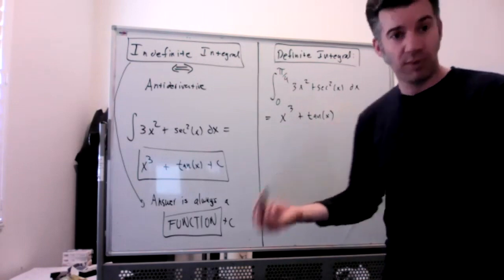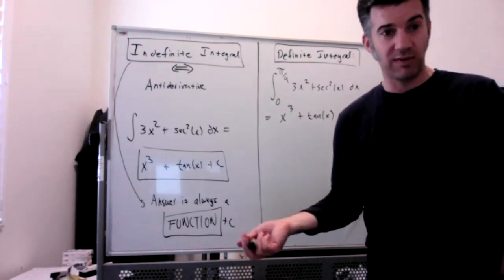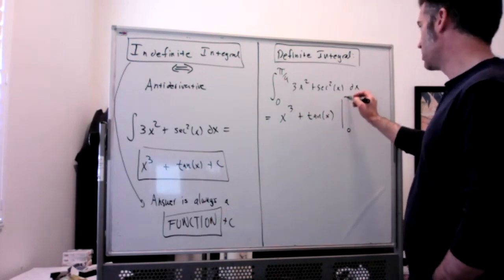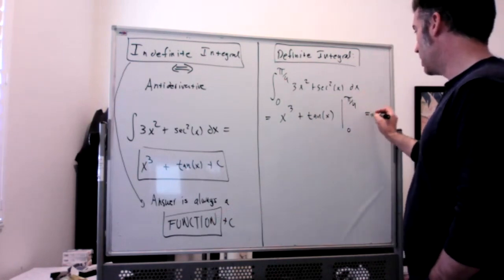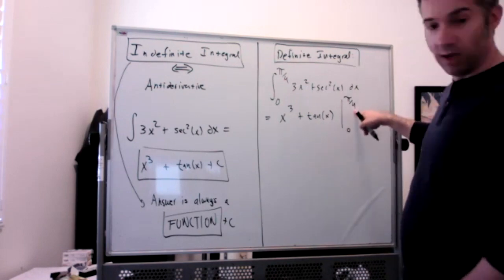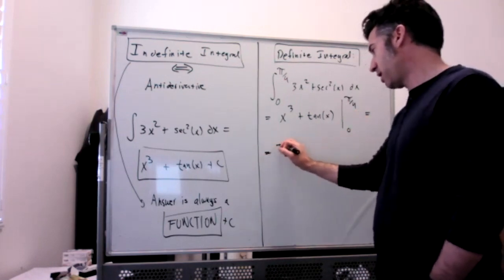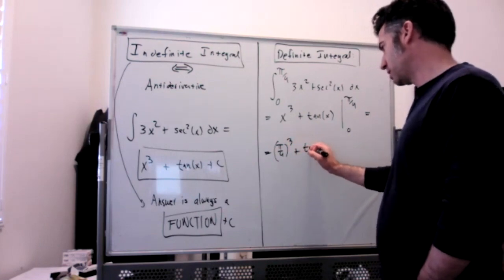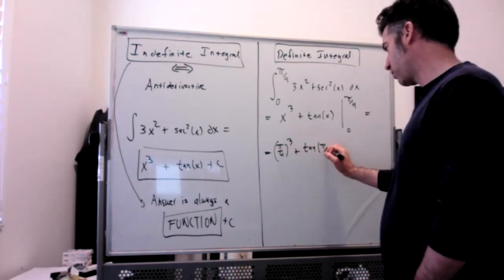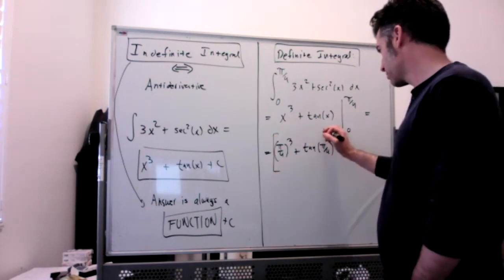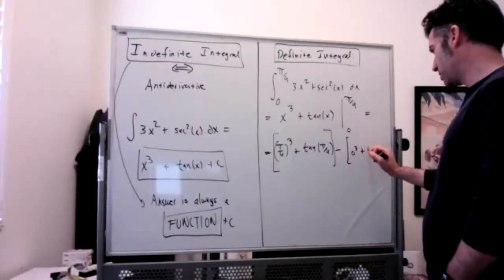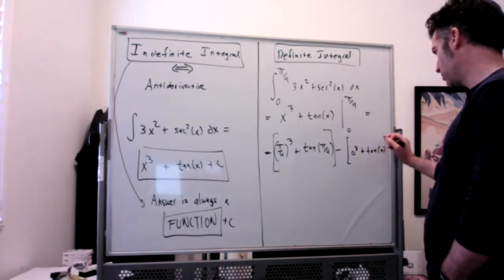We don't need the plus c here because when you do the rest of it, it just cancels out, from 0 to pi over 4. And then we plug in the top limit first. So we get pi over 4 cubed plus tangent of pi over 4 minus 0 cubed plus tangent of 0.